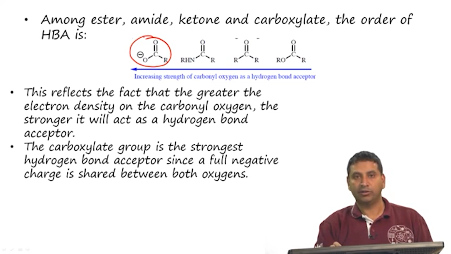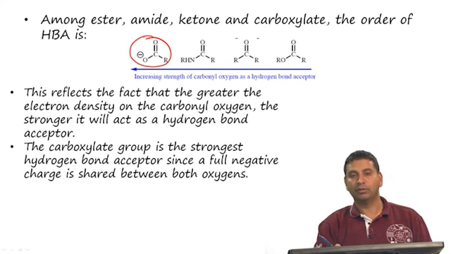So, these are easy to compare, right. Now, let us come to the amide shortly, but the greater the electron density on the carbonyl oxygen, the stronger it will act as a hydrogen bond acceptor. So, because of this, the carboxylate is clearly the best hydrogen bond acceptor in this series.